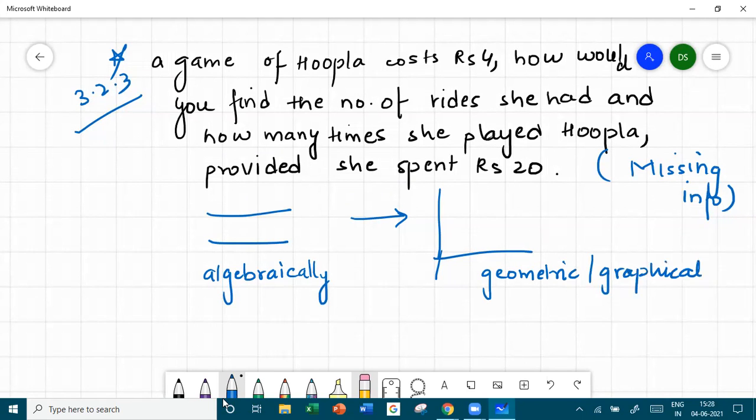Like we have to find how many times she played. Mm, how would you find the number of rides she had and how many times she played hoopla? Okay, here they are asking how would you find, right? So if you just represent it should be sufficient.